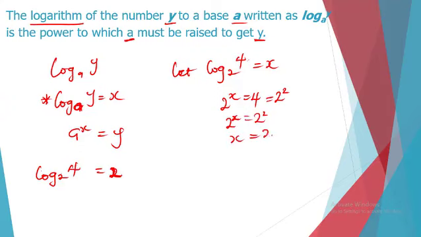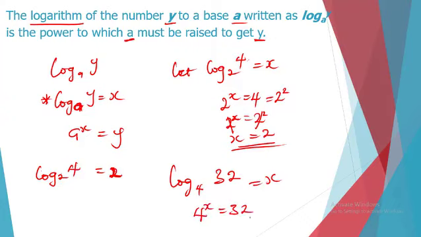Then x is equal to 2, because this will eliminate these 2. So x is equal to 2. That was why I told us that the answer here is 2. Now when we have, let's say, log 32 base 4, how do we ascertain the power of 4 that will give us 32? Let's call it x. Therefore it means that 4 raised to power x is equal to 32.